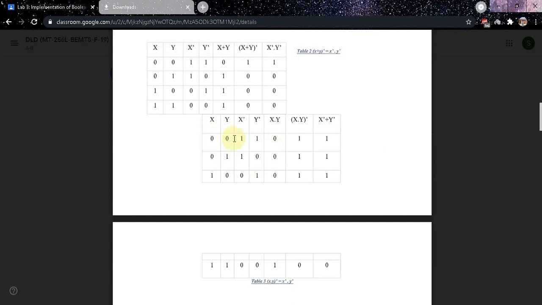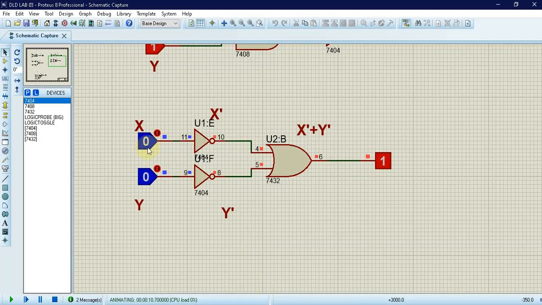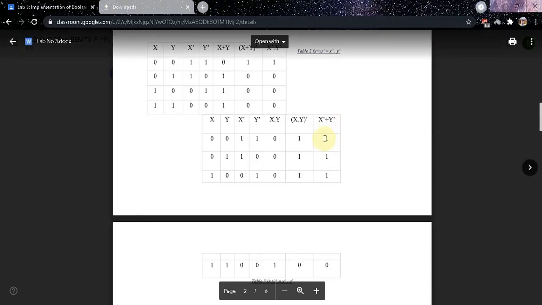If we give 0 and 0 as inputs, the logic toggles them, so 0 and 0 are inverted as 1 and 1, and when they are further joined on an OR gate, 1 or 1 gives us an output of 1.